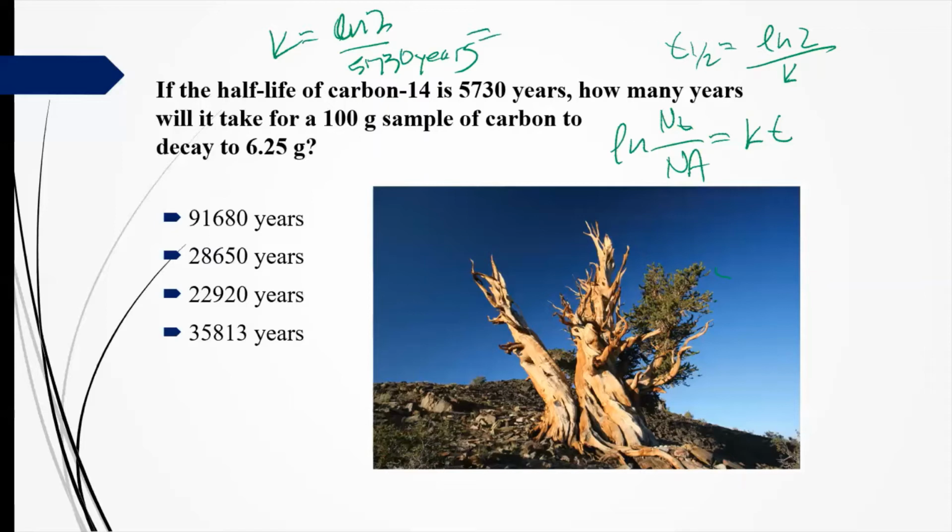This becomes 0.000121. There we go. We can now take the ln of 6.25 divided by 100.